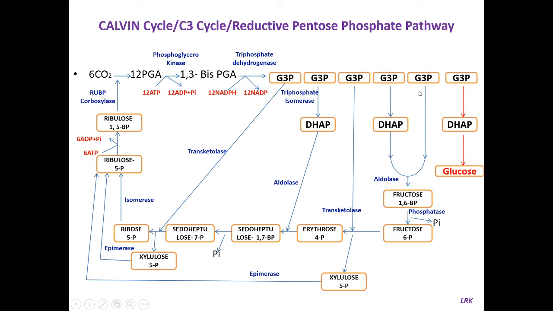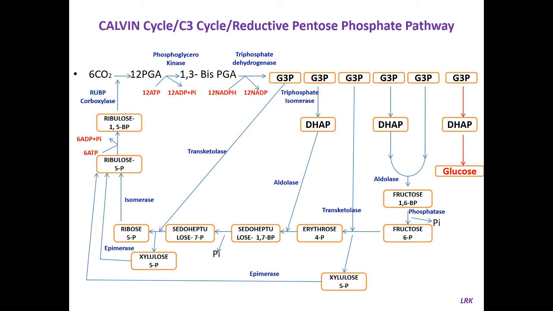Okay, so here out of 12, 6 turn into DHAP, dihydroxyacetone phosphate. They isomerize. DHAP is also a triose phosphate. This isomerization takes place in the presence of the enzyme called triose phosphate isomerase.